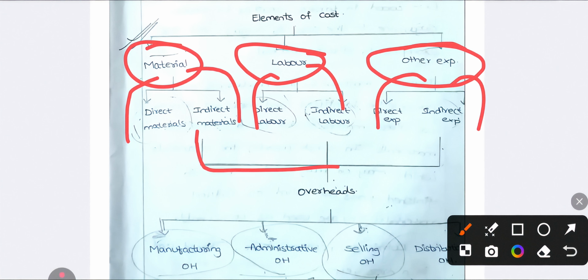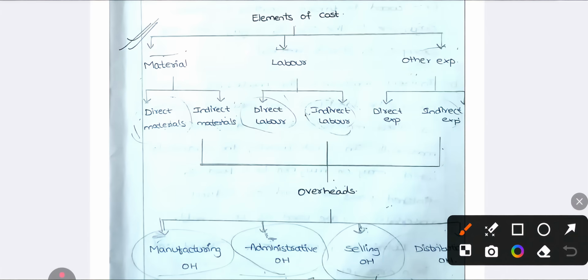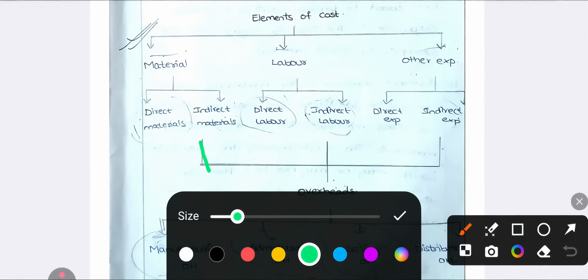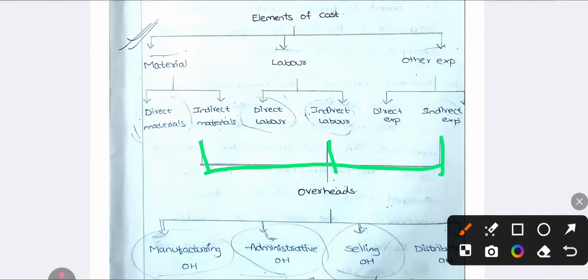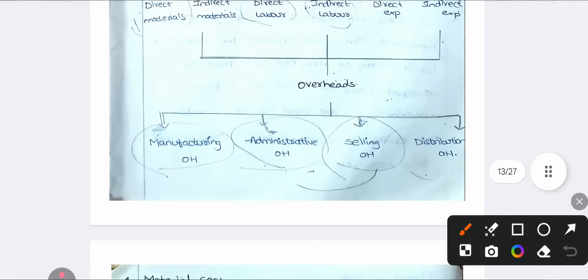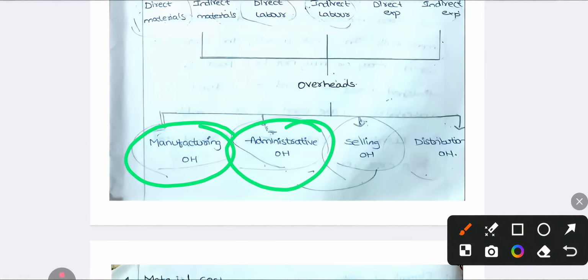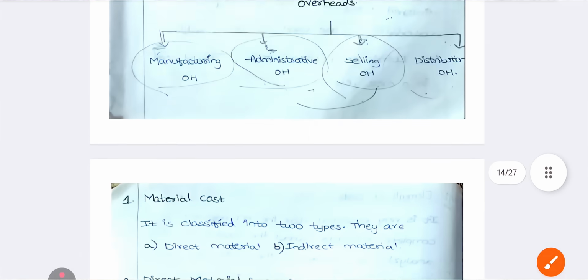If you add all the indirect materials, indirect labor and indirect expenses, that is called overheads. In the 3rd chapter we have already learned about overheads. In overheads, what do you have? Manufacturing overheads, administrative overheads, selling and distribution overheads. About that you need to understand.